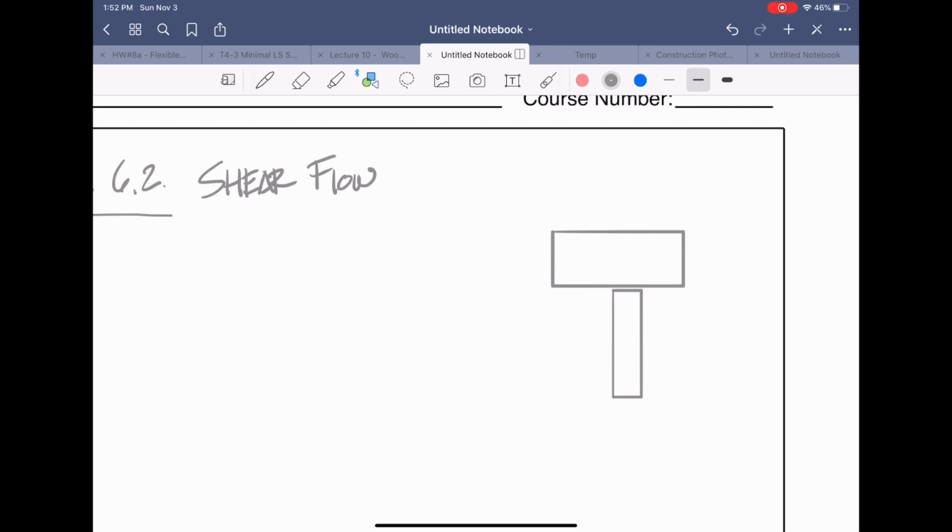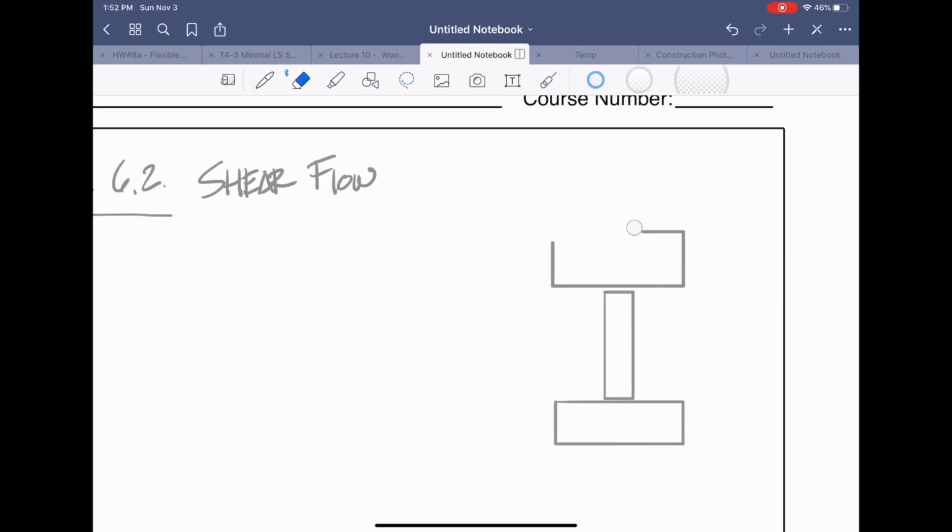And so dimensionally, I think I'm going to be kind of off, but whatever. Let me center this right there. It's probably not as fat as that.